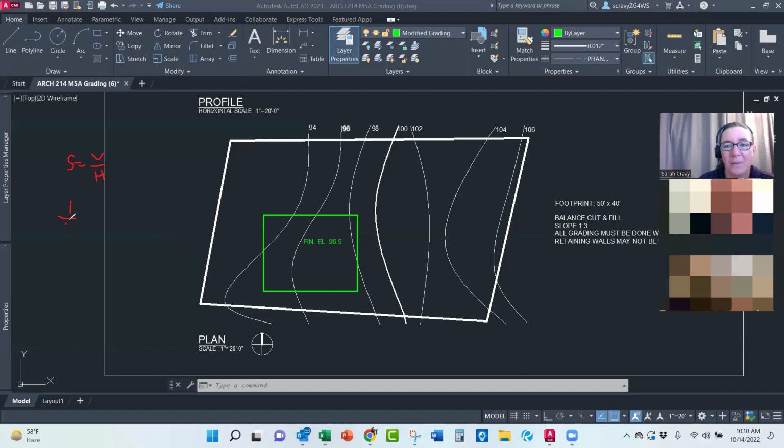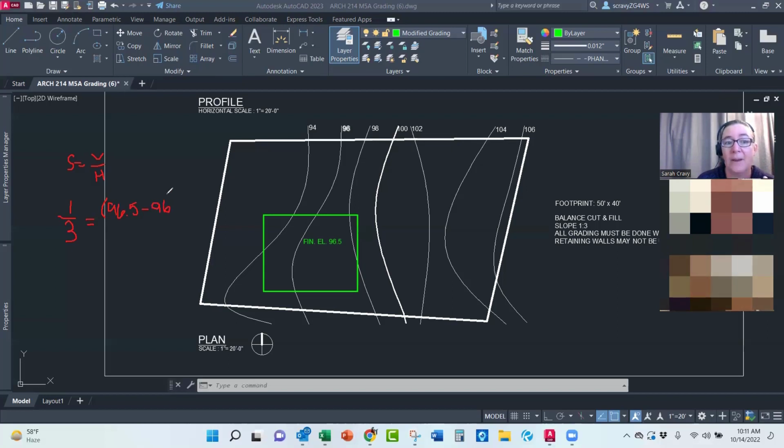So if our slope is 1 in 3, and our vertical distance is half a foot, which is immediately obvious, you can actually do that by calculating. Our elevation is 96.5, minus the contour we're trying to draw right now, which is 96.